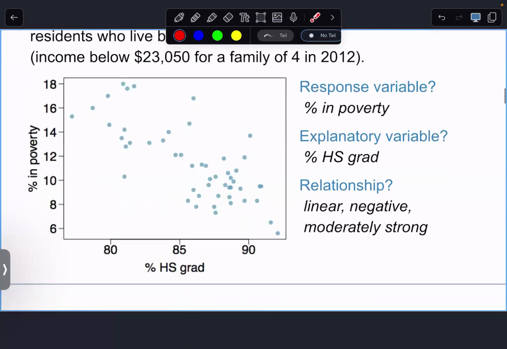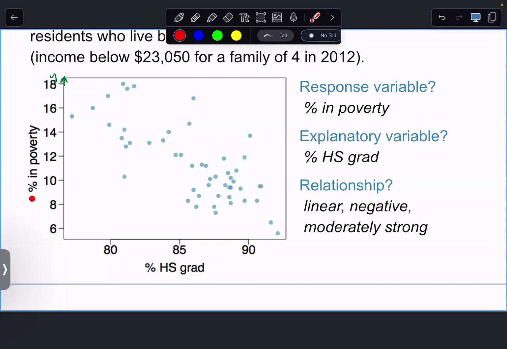So, as a warm up, right? If I gave you this scatter plot, then I would ask you, what is the response variable? What is the explanatory variable? So if you just have this scatter plot, of course, I would have the labels on here. So from the scatter plot, the response variable, well, it's the one on the y-axis here, right? So it's going to be the percentage in poverty in each state.